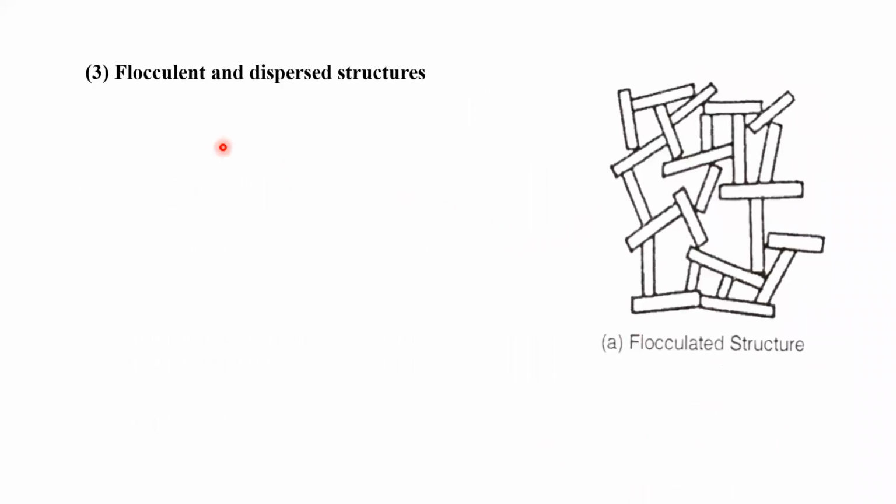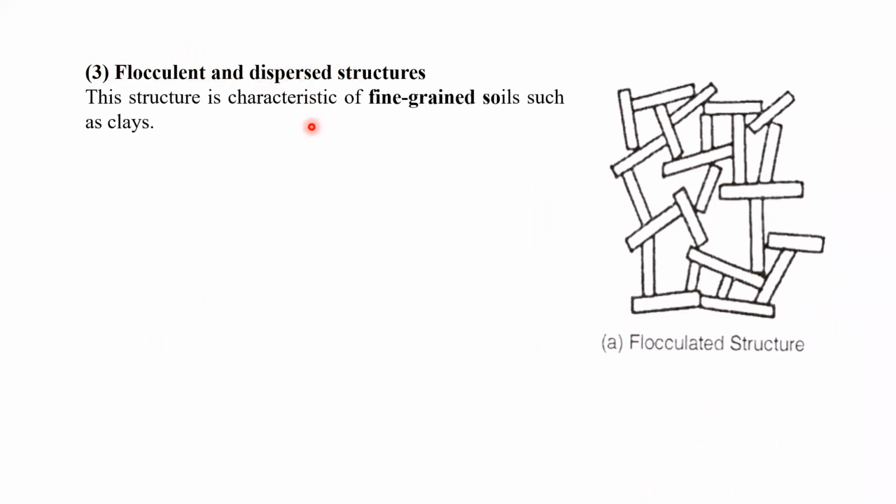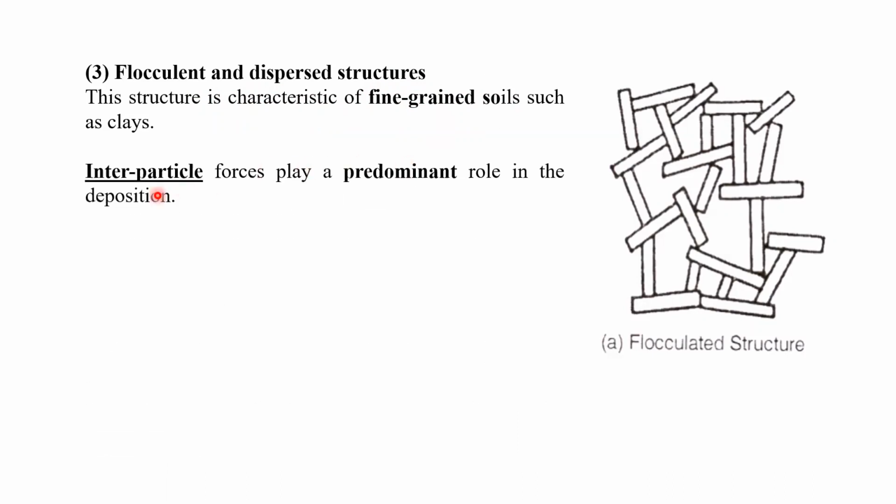Next, we can see the types of structure called flocculent and dispersed structure. These two types of structure we shall talk about now. This structure is characteristic of fine grain soil. Whenever I talk about fine grain soil, we mean particles less than 75 micron size.